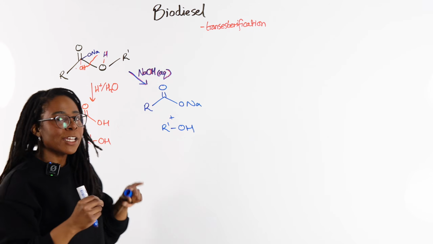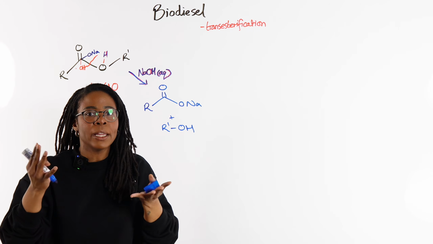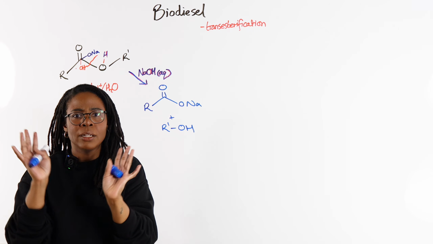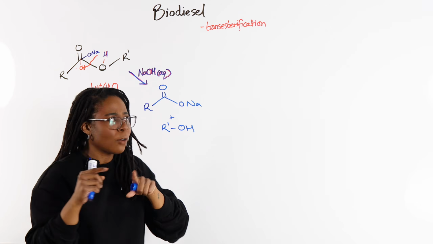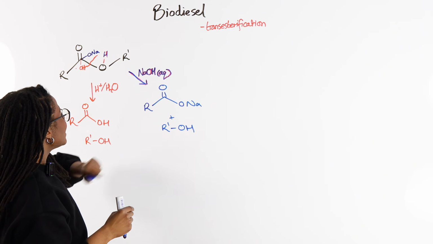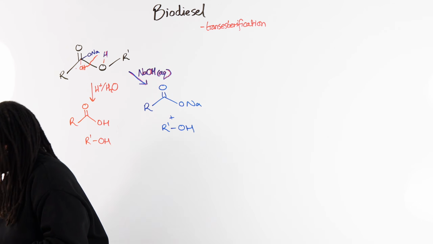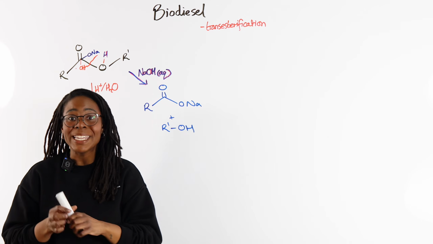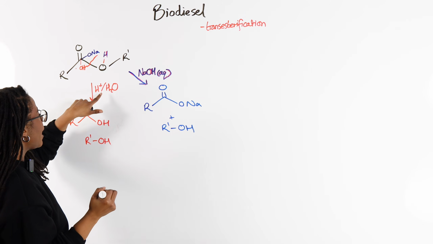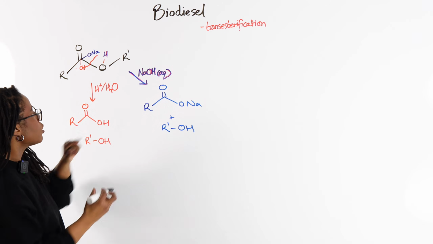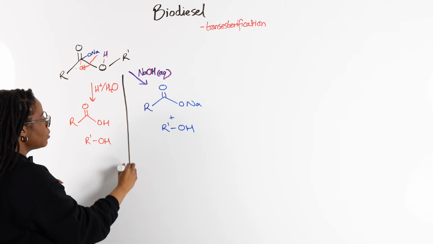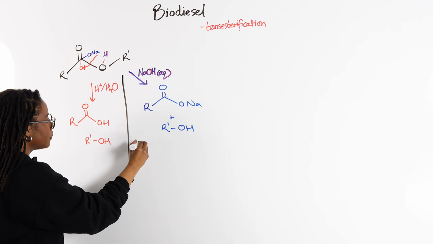Now, for transesterification, that just means that we're swapping what the alkyl part is of the ester. Biodiesel is essentially a mixture of methyl esters. So instead of adding water, an acid, or sodium hydroxide, instead we are adding methanol.